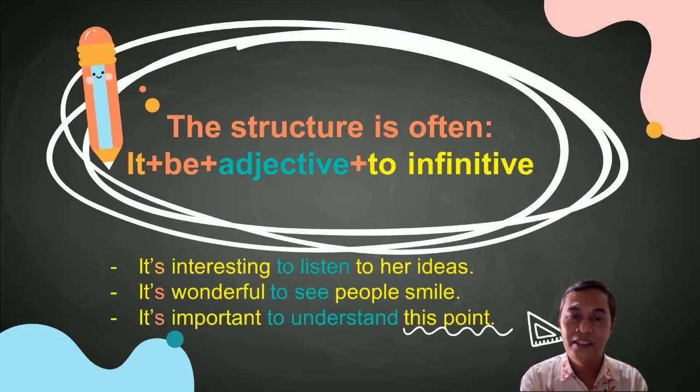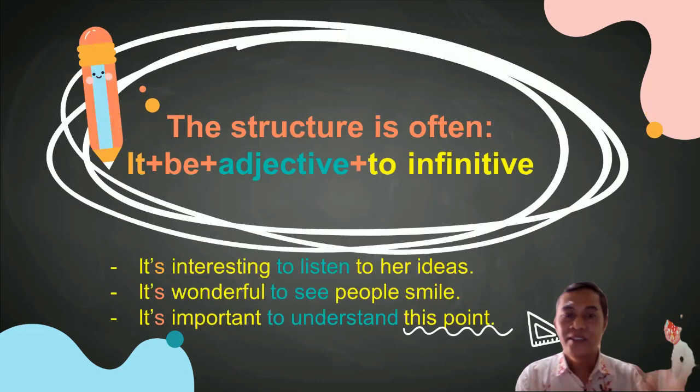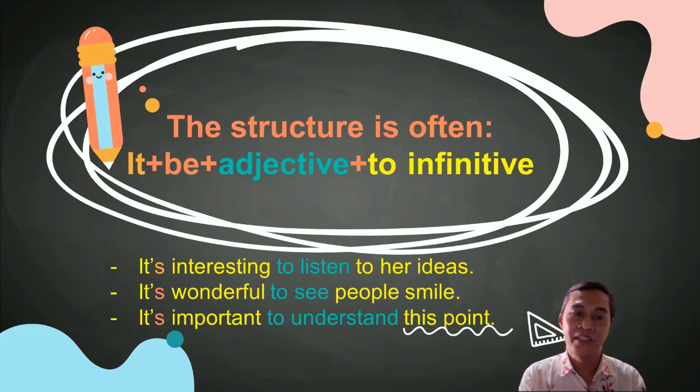So the rule is actually the structure is often it and then be and then adjective and then to infinitive. As we can see again here below, it's interesting to listen to her ideas.